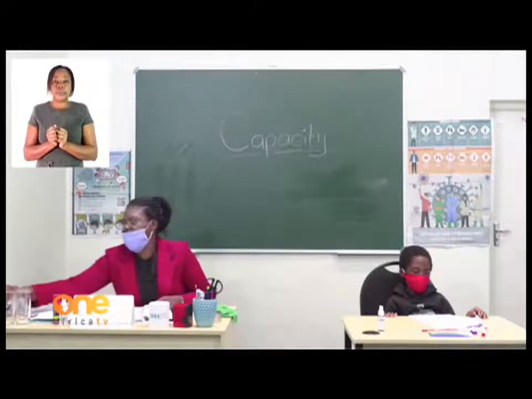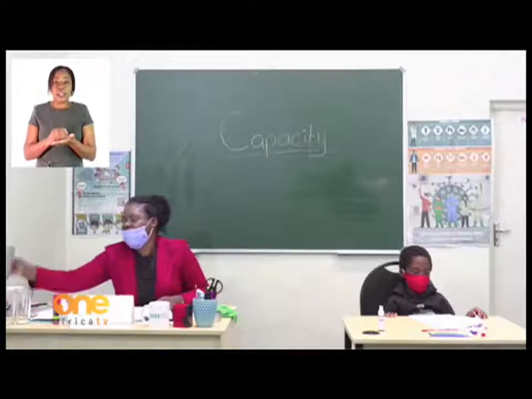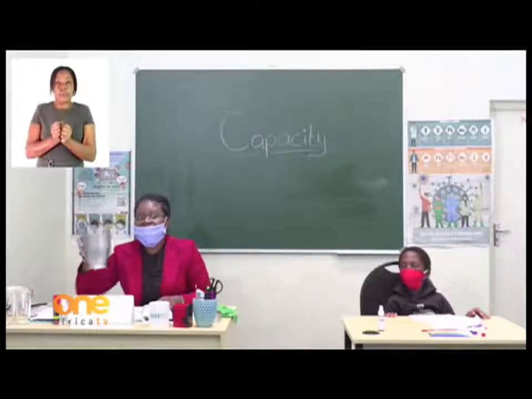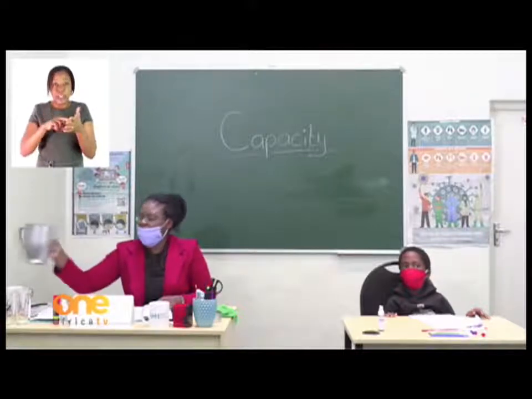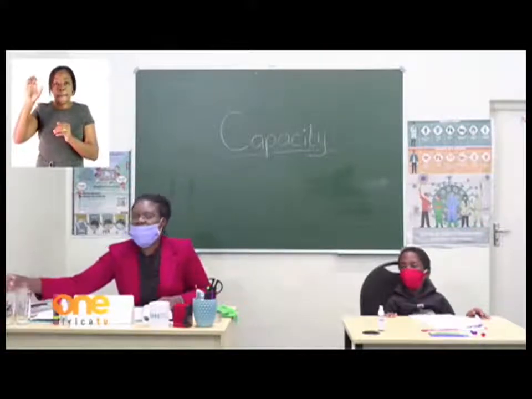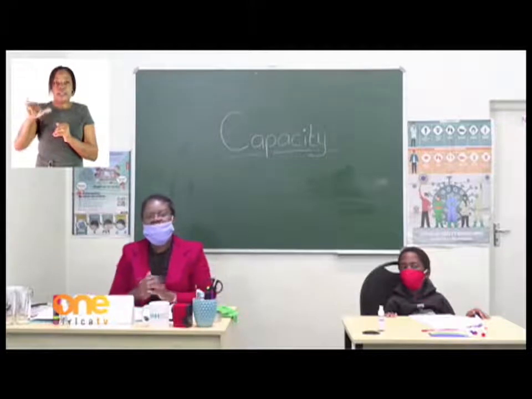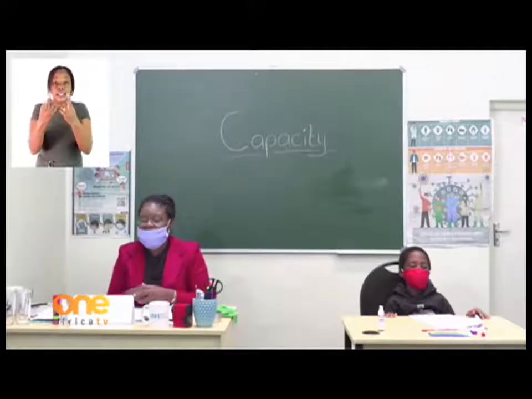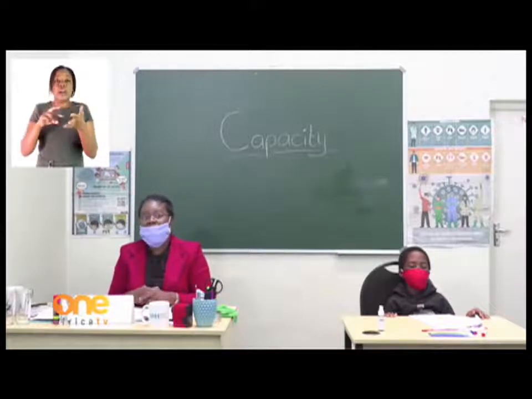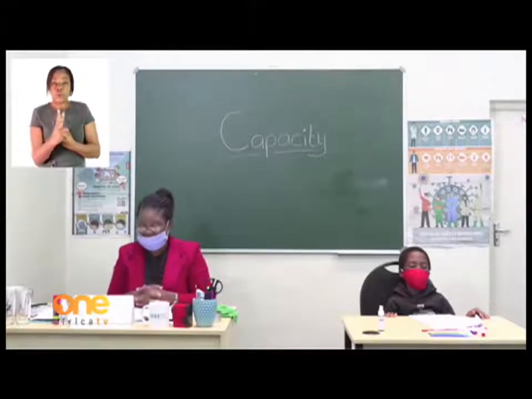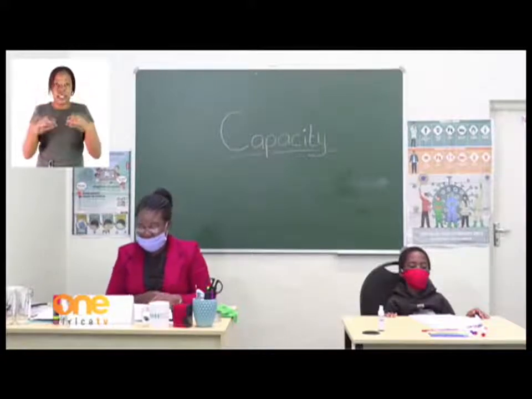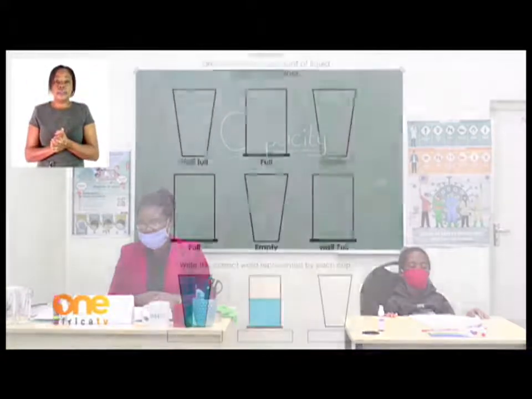If I pour the water or the liquid in this jug to make it full, that is the capacity that this jug can hold. And what about the classroom? The capacity of the classroom also refers to the amount of people or things that this classroom can hold. That is the capacity. So on page 5, we are looking at the glasses.